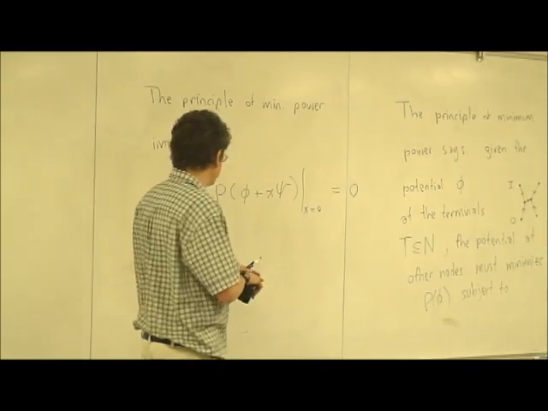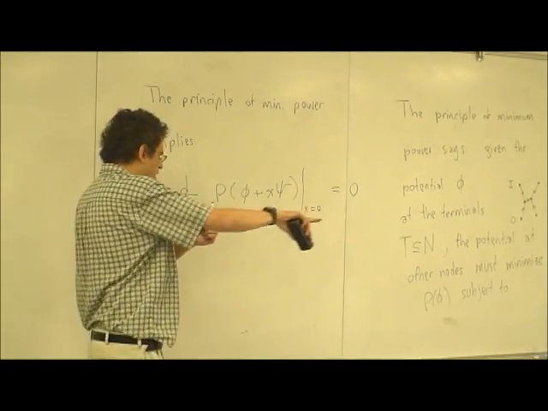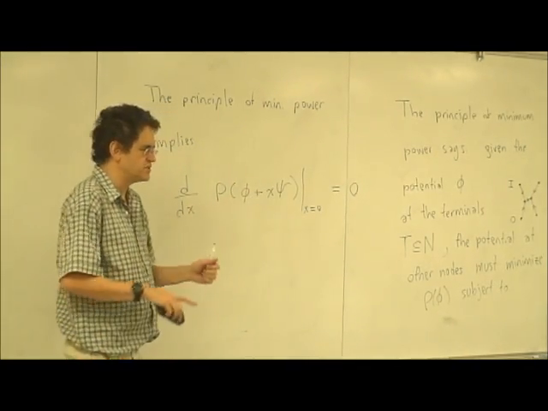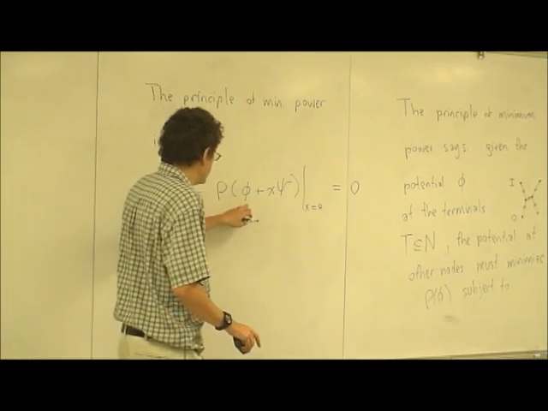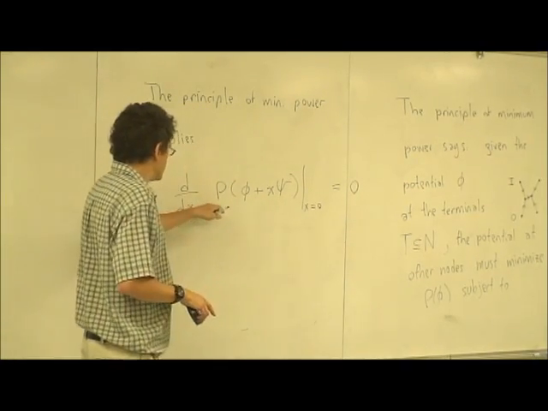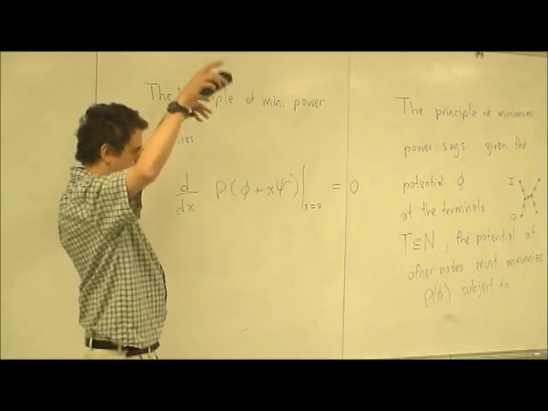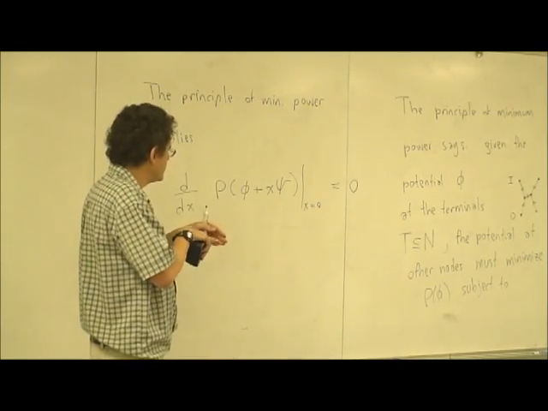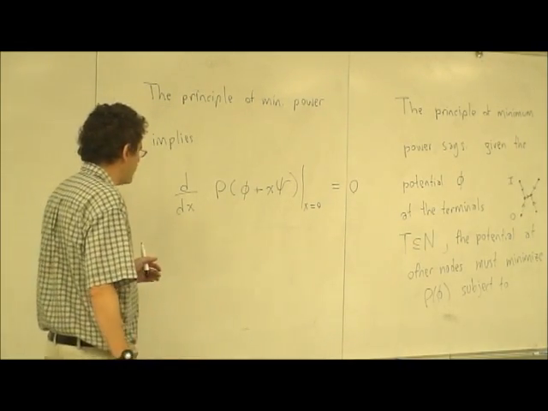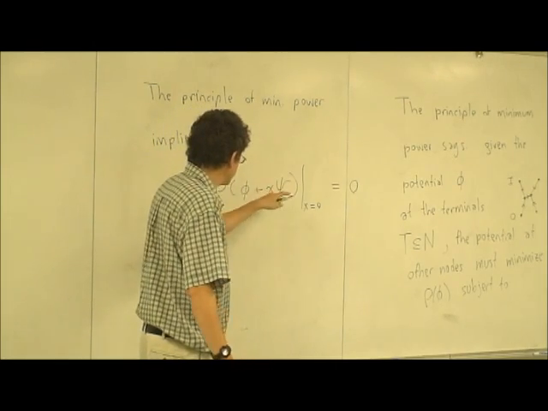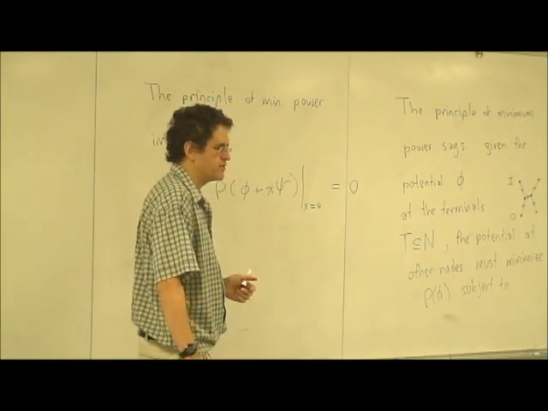And then you're at phi. So you're moving along a line in the space of potentials, starting at the point phi. Power is some kind of quadratic function of phi, so we're looking for a minimum. We're looking for this function to be minimized along any line of this sort.